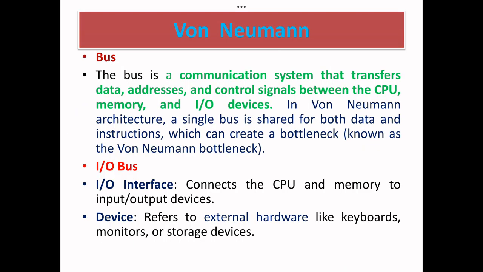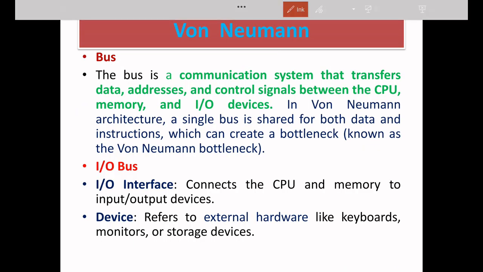Now at first we will discuss the definition of bus. Bus means a communication system that transfers data, address and control signals between the CPU, memory and input output device. Second, in von Neumann architecture, a single bus is shared.